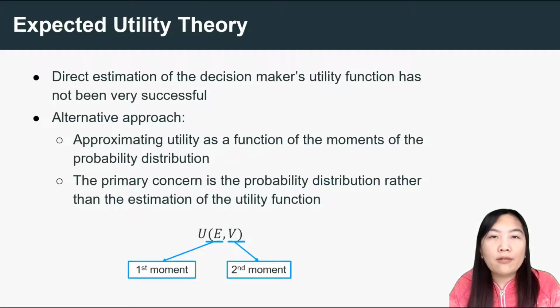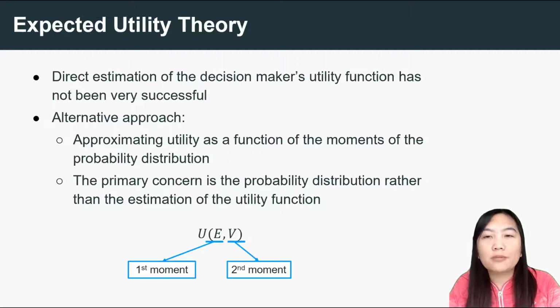This is similar to the production function we have learned in this course: you might assume a Cobb-Douglas utility function, or a linear utility function, or maybe other forms. However, if directly estimating that function form is not successful, an alternative is to approximate the utility as a function of the moments of the probability distribution.